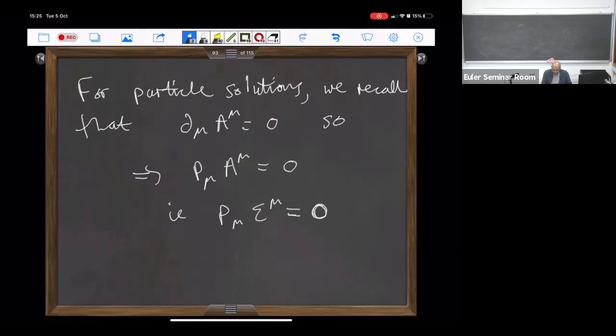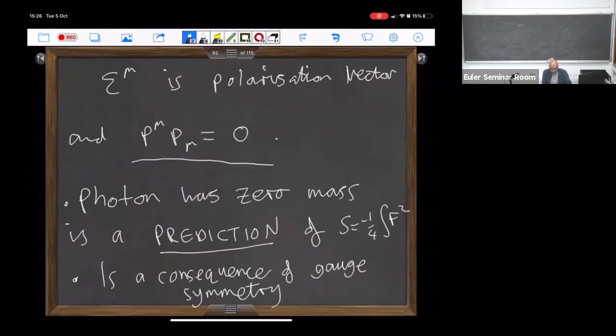And this leads to two independent polarizations, which correspond to the two helicity states, so as to make contact with the representation theory we did of the Poincare group.